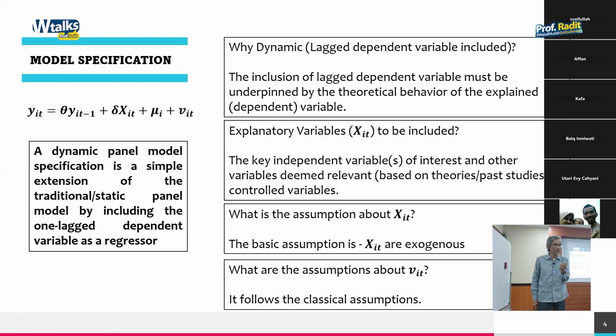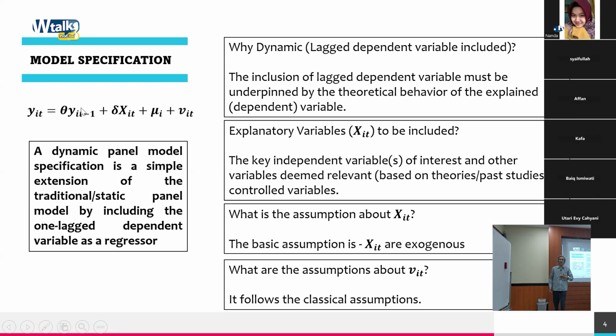Because these are model specifications to capture the theoretical behavior of your Y_it, your dependent variable, right? And this inclusion of the lagged dependent variable must be not by the method that you want to use to estimate, but by the theoretical foundations. Because based on your arguments, you think that the current value of Y_it also depends on the past value. So you have a theory behind why it depends on past value, right?